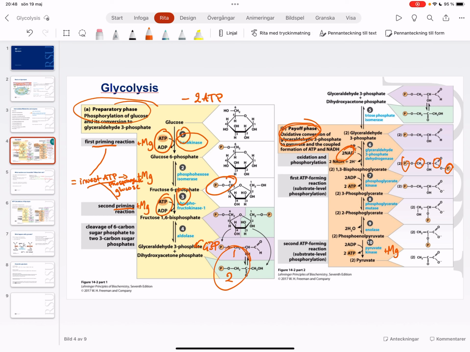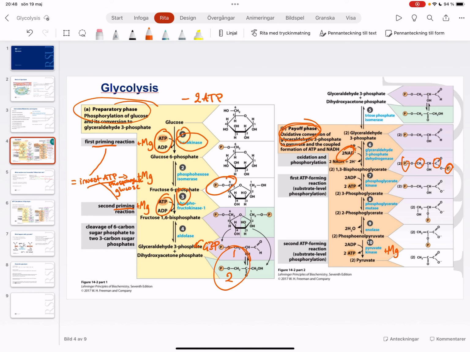Then we will go from 3-phosphoglycerate to 2-phosphoglycerate. So basically the phosphate group will go from the third carbon to the second carbon. And you can see that here. So from the third carbon to the second carbon. And it will use this enzyme.